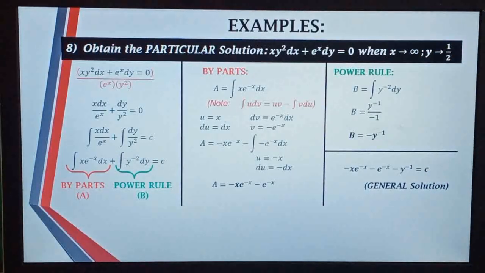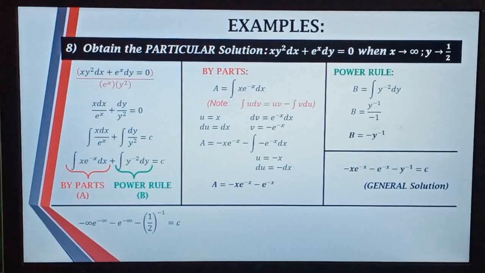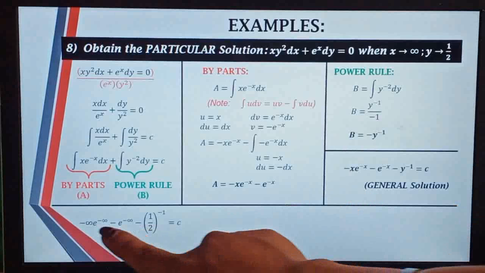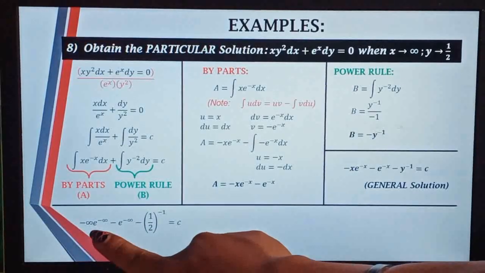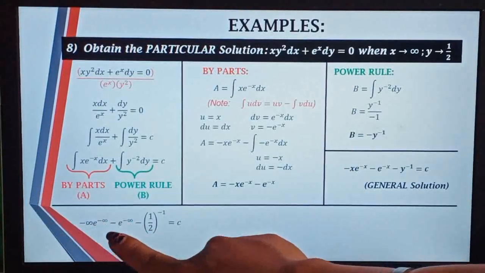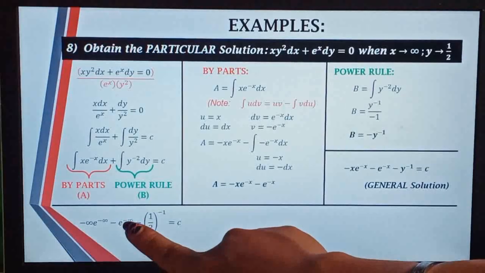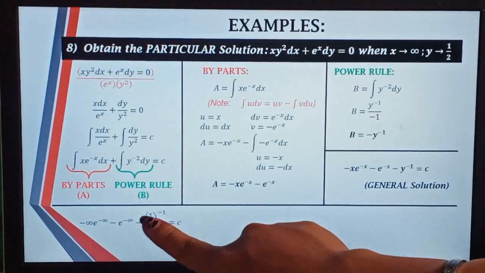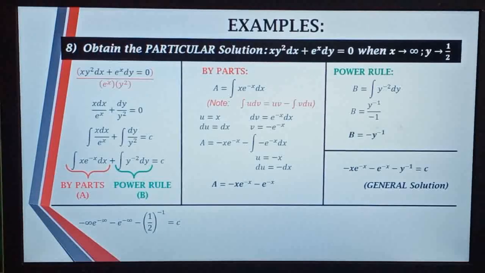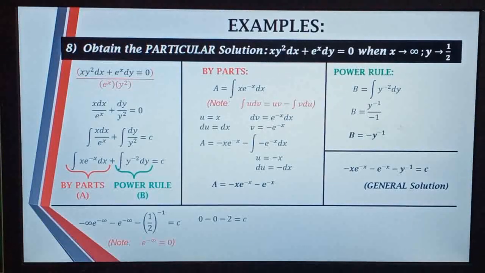So isa-substitute na natin siya. Si x is infinity, si y is 1/2. So you will have negative infinity multiplied to e raised to negative infinity minus e raised to negative infinity minus 1/2 raised to negative 1 equated to c. But taking note that e raised to negative infinity is simply equivalent to 0.